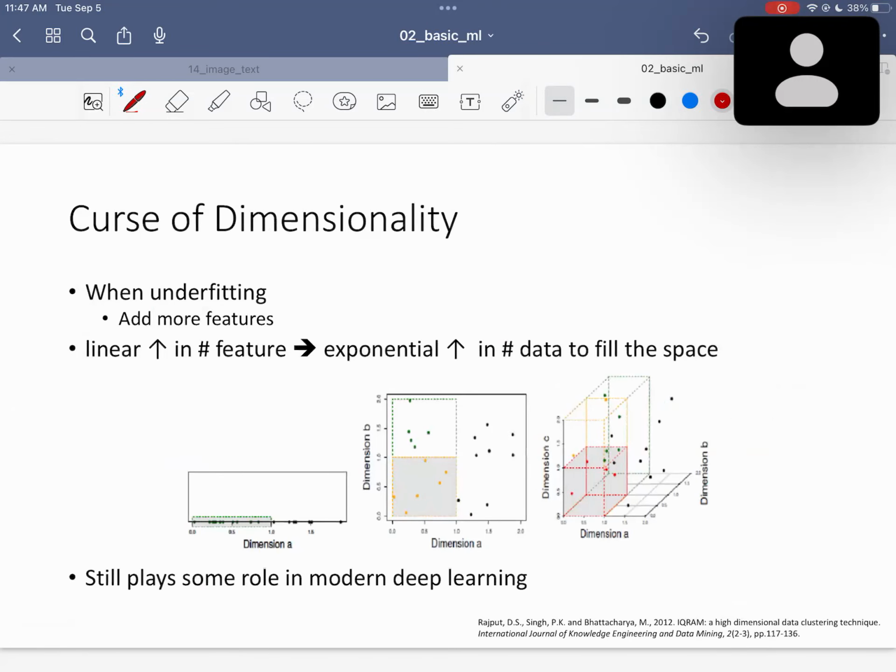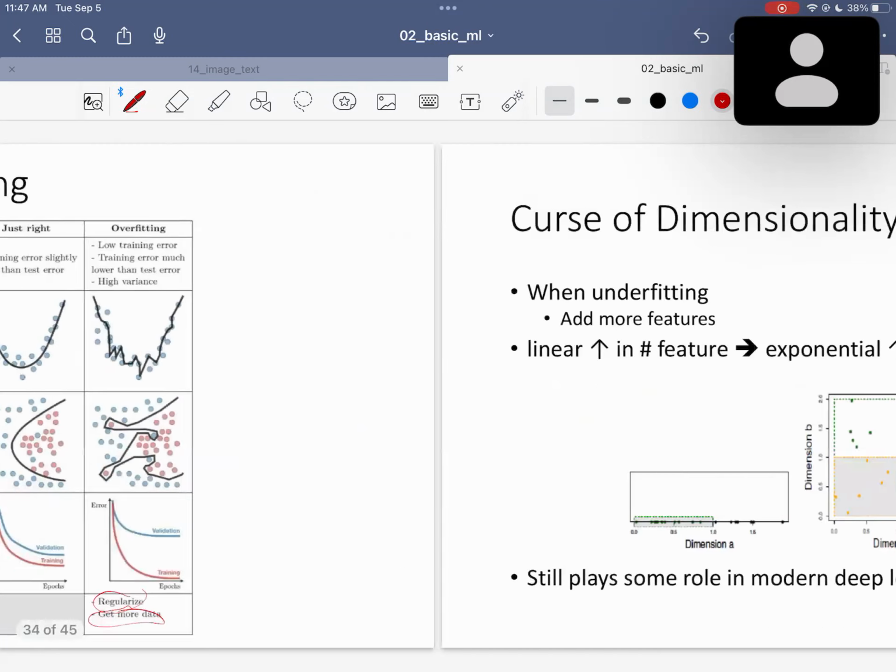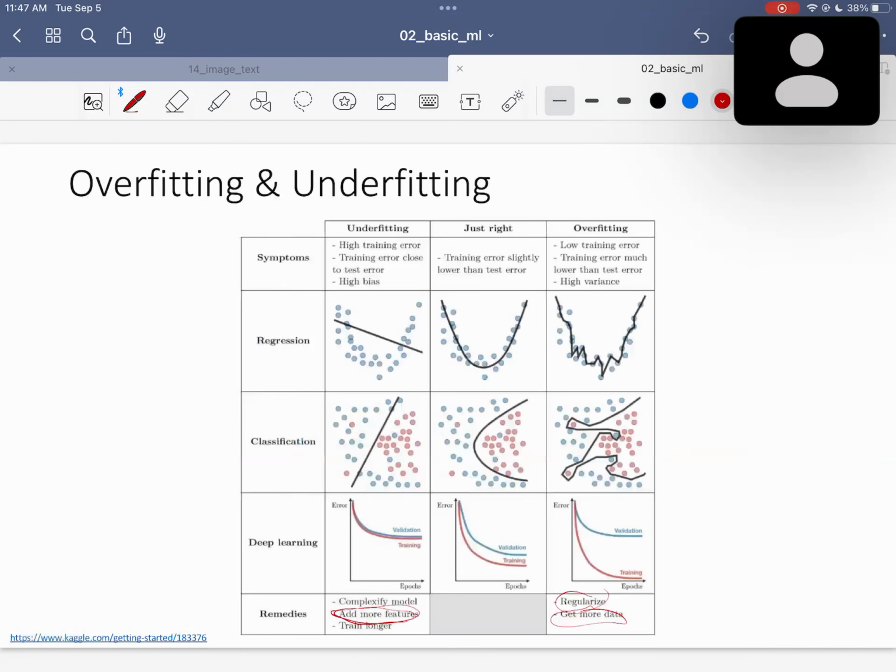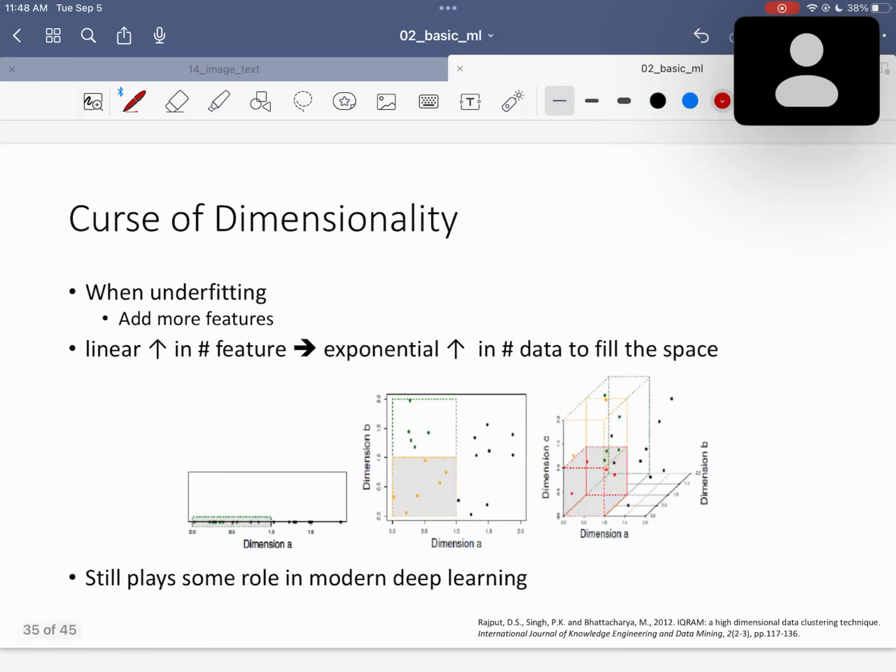There's another thing called the curse of dimensionality. When underfitting, as I said, I said add more features, right? But adding more features blindly is not a good idea, because a linear increase in the number of features requires an exponential increase in the data size, the training size.